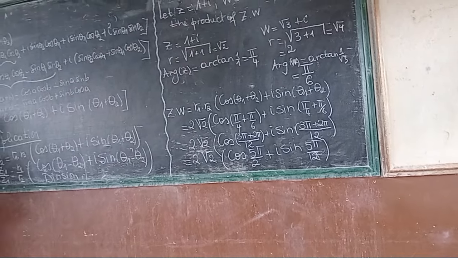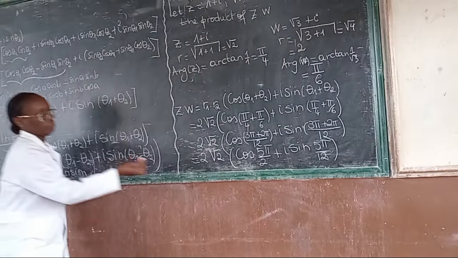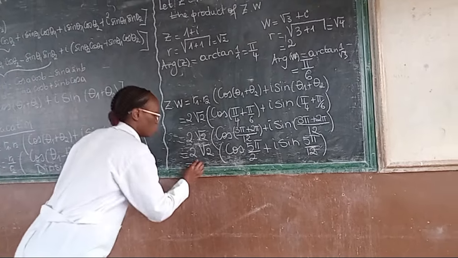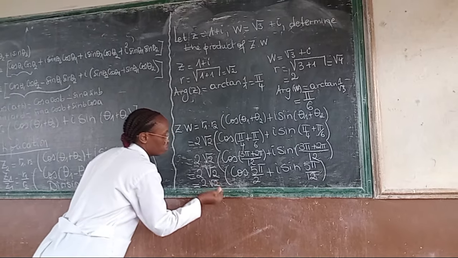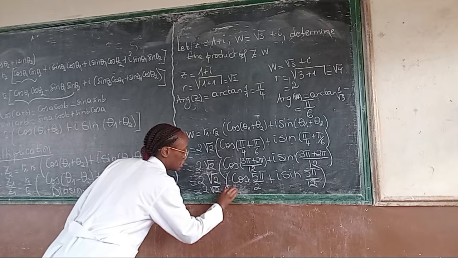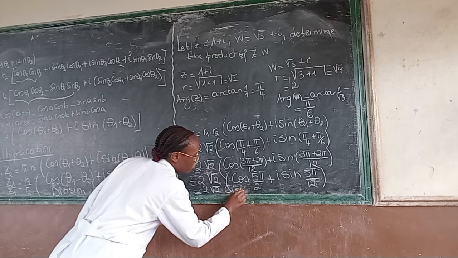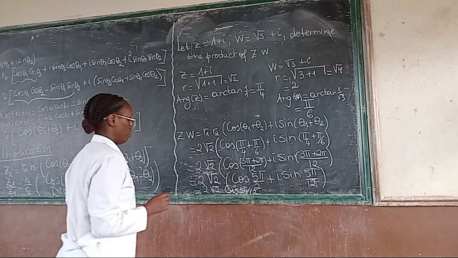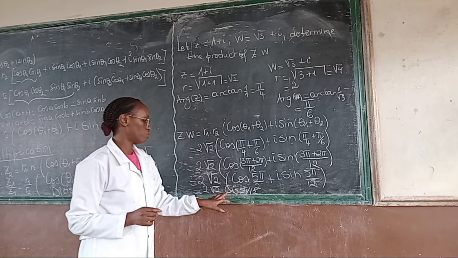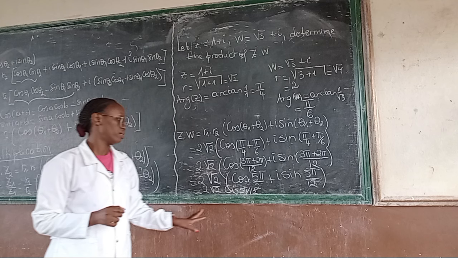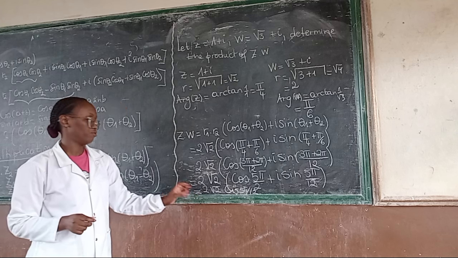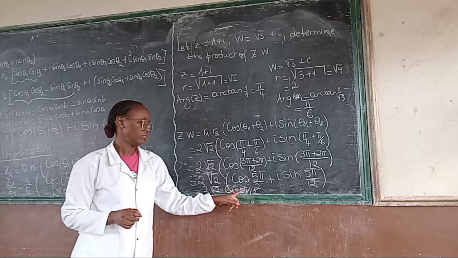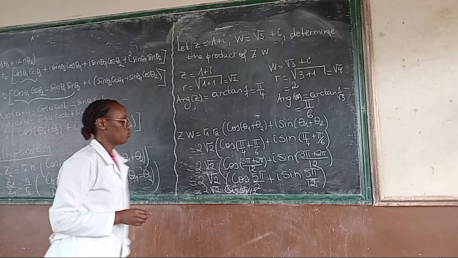All our z times w can be written as 2 square root of 2 cis 5 pi over 12. You see here the short notation of cosine plus I sine of that angle. We have 2 square root of 2 cis 5 pi over 12.